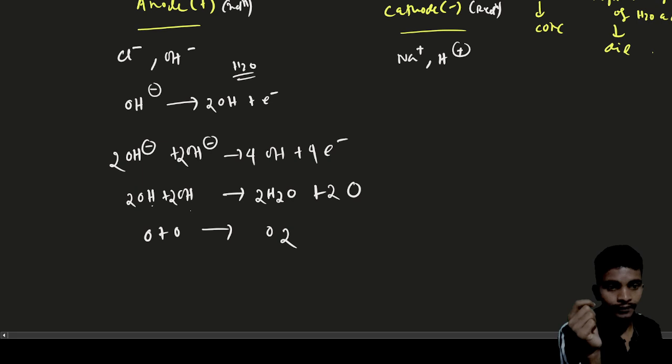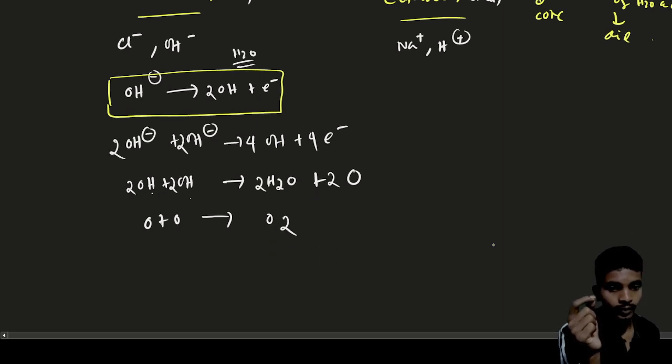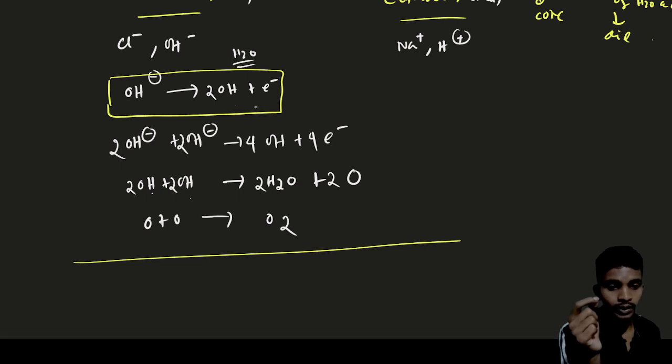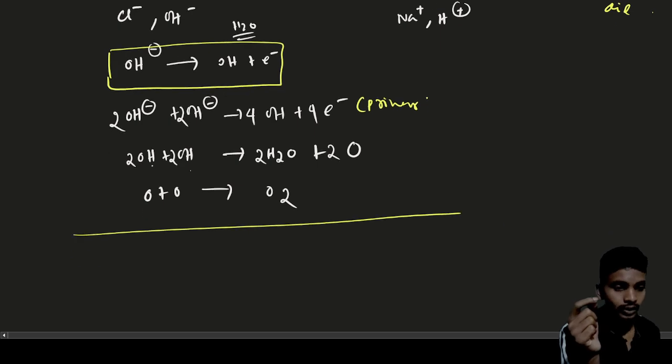So here the discharge is happening, right? OH minus is going to give that, but since OH does not exist, we have to do it like this. So these are the primary reactions, and you have to get the stable reactions.